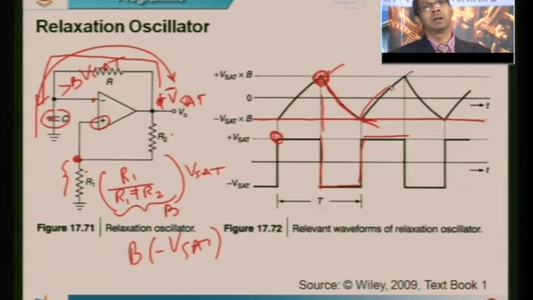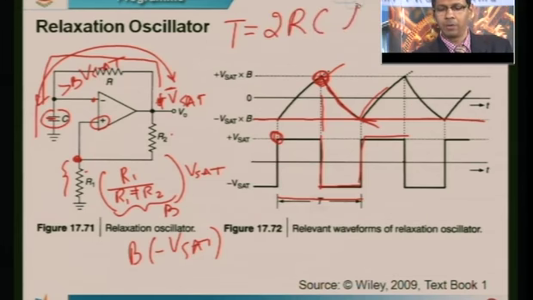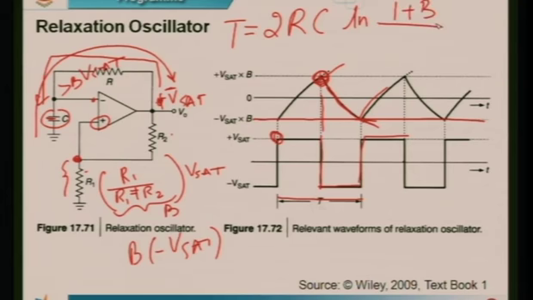So this is the circuit of a relaxation oscillator, where the time period is given by a certain expression. We are not going to do the derivation, you can just note down this expression. The time period T is given by 2RC ln (natural log) of (1 plus B) upon (1 minus B), where B is your voltage divider network, R1 divided by R1 plus R2.